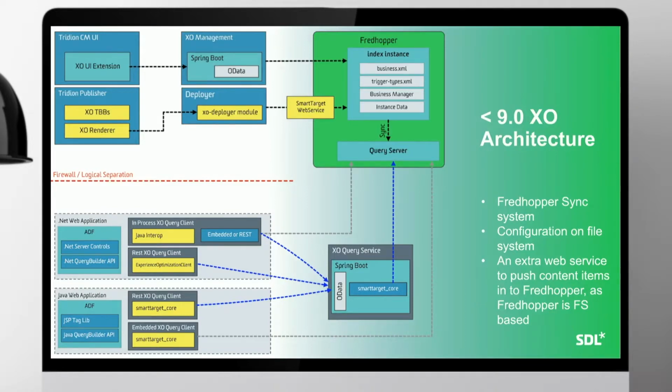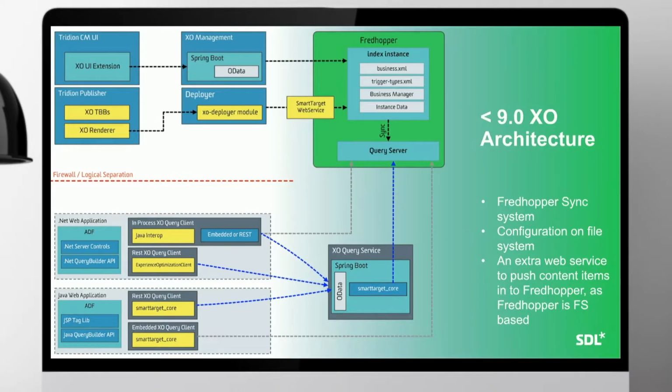And the way you would talk to the query service in your web application was by having either the Smart Target tag libraries or .NET Server controls, or by using the Query Builder API and the query APIs in both .NET and in Java to do your own handmade queries.